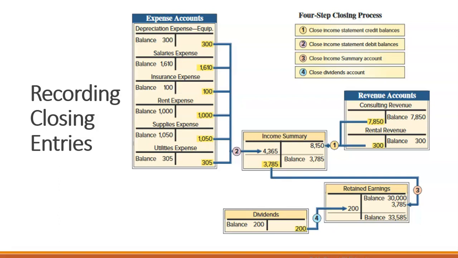That shows that what's remaining in income summary is $3,785. That should match your net income. Okay, so remember that that balance in income summary after you close your revenue and expense accounts should be exactly the same as what your net income is on your income statement. We then close that to retained earnings and we close the dividends account.